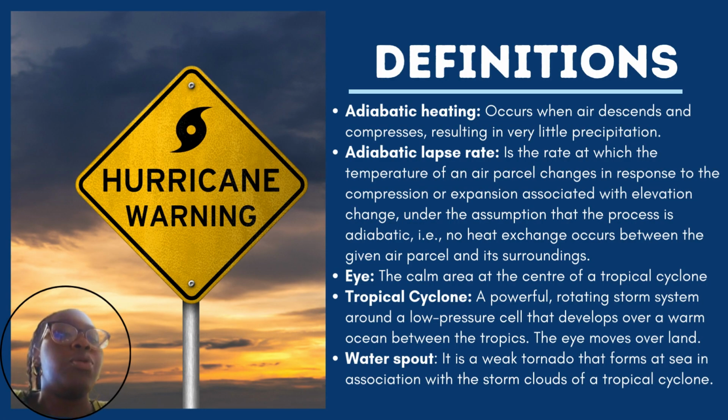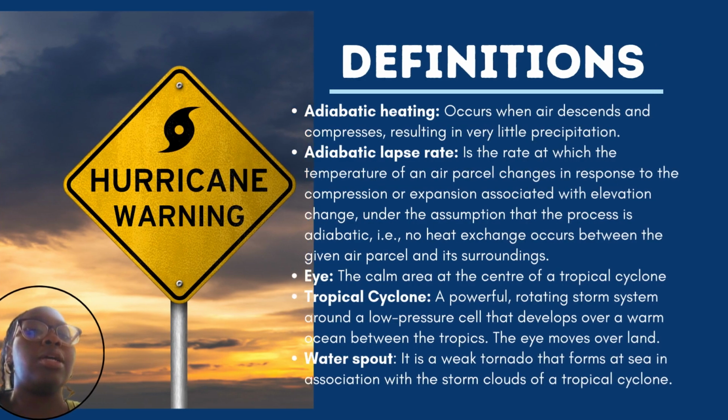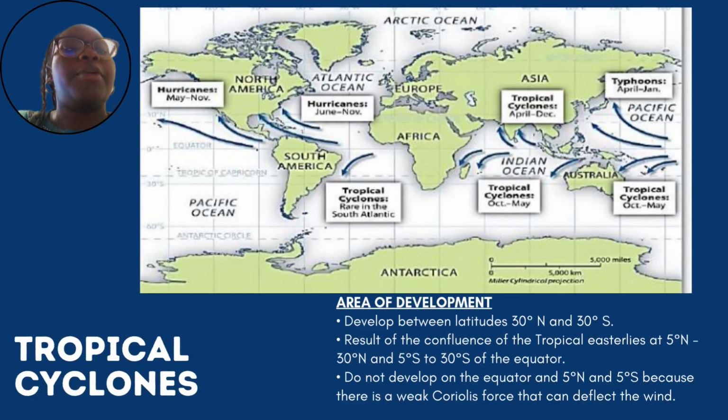All right, so we'll now discuss what tropical cyclones are. Let's discuss a bit of the area of development of tropical cyclones, right? They usually develop between latitudes 30 degrees north and south. It's usually the result of the confluence of the tropical easterlies at 5 degrees north to 30 degrees north, and then 5 degrees south to 30 degrees south of the equator, right?